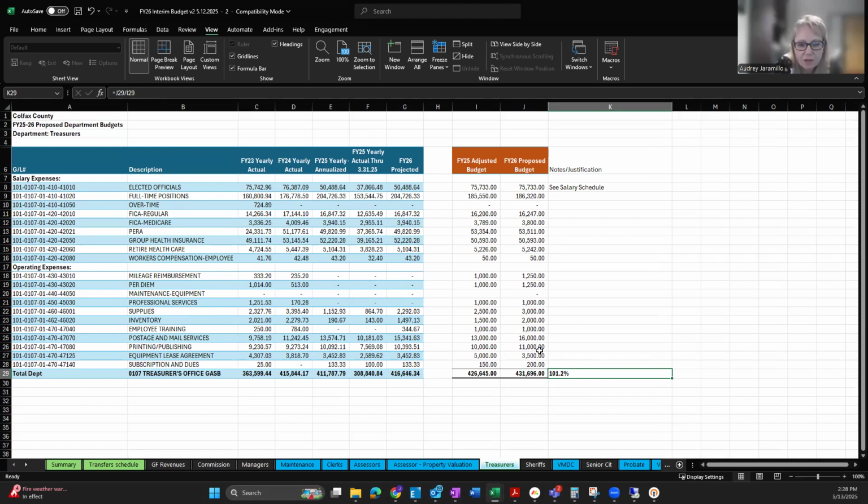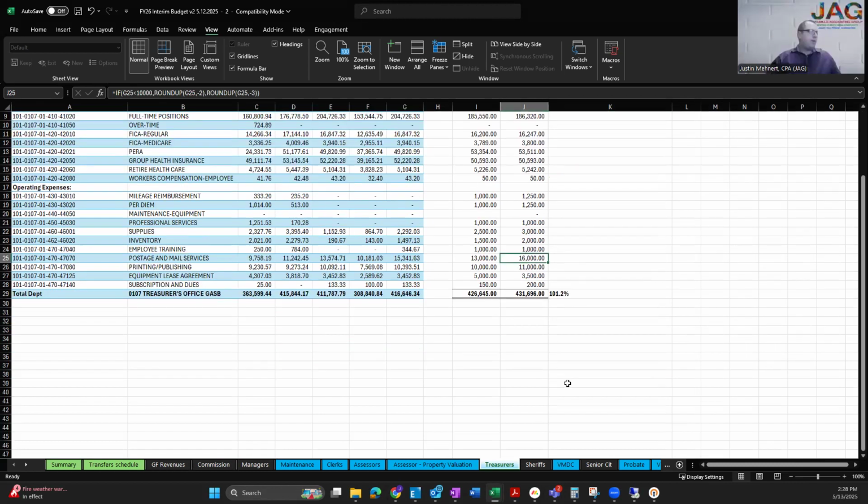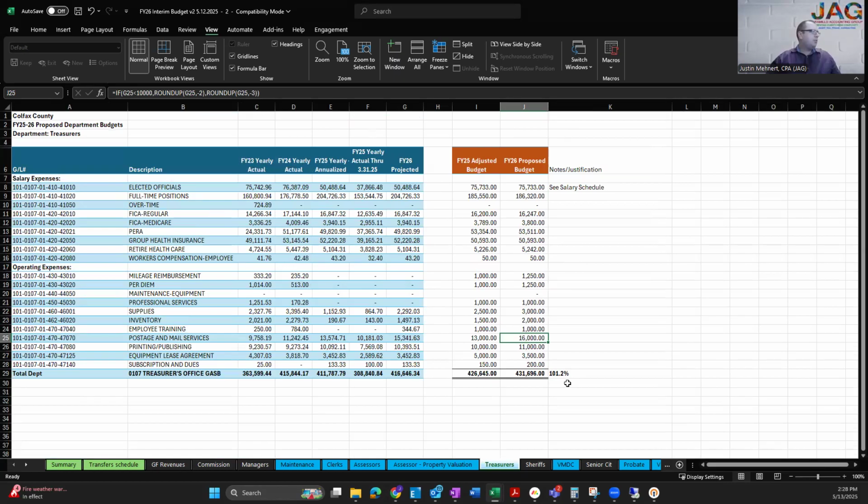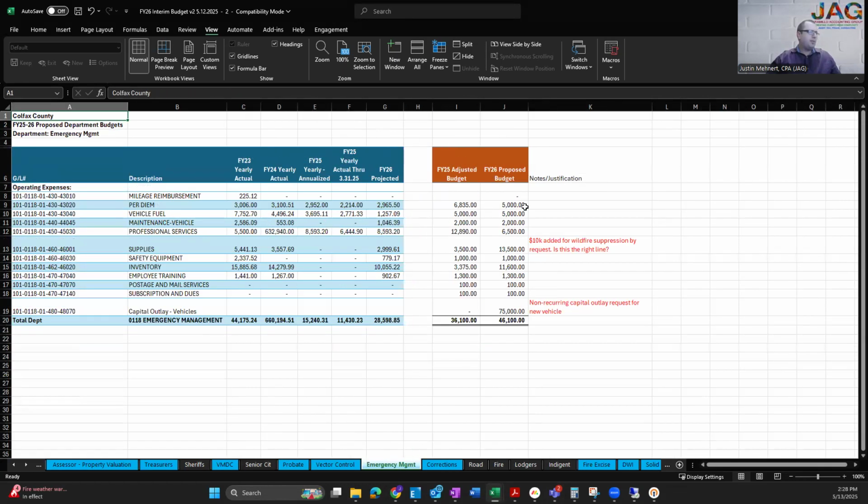Anything else down the line to the right? No, that's it on the tabs. I don't think we want to go much past there, the orange or the grant based ones, but we talked about all those. We looked at emergency management briefly.